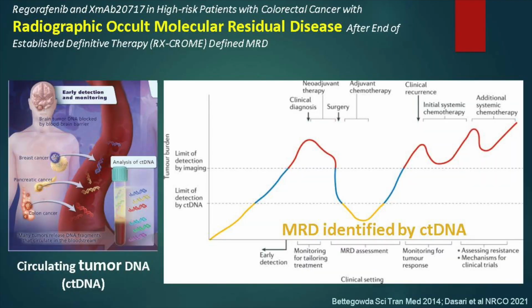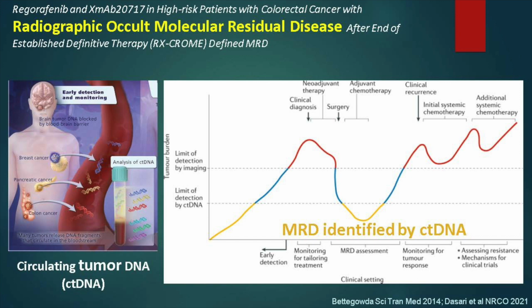So when we look at this study design, the first thing that comes to our mind is what is molecular residual disease, or what is radiographically occult molecular residual disease? This kind of disease is identified by circulating tumor DNA. Tumor DNA is the DNA of tumor cells that is being continuously secreted in your bloodstream.